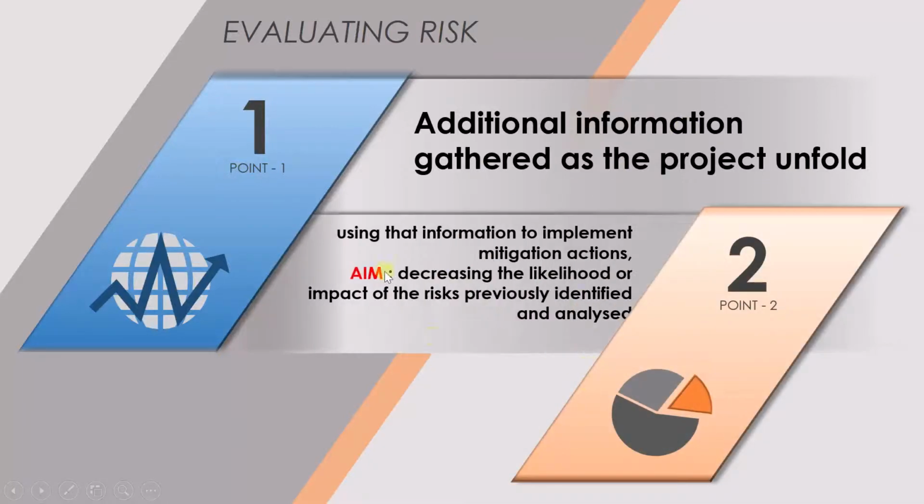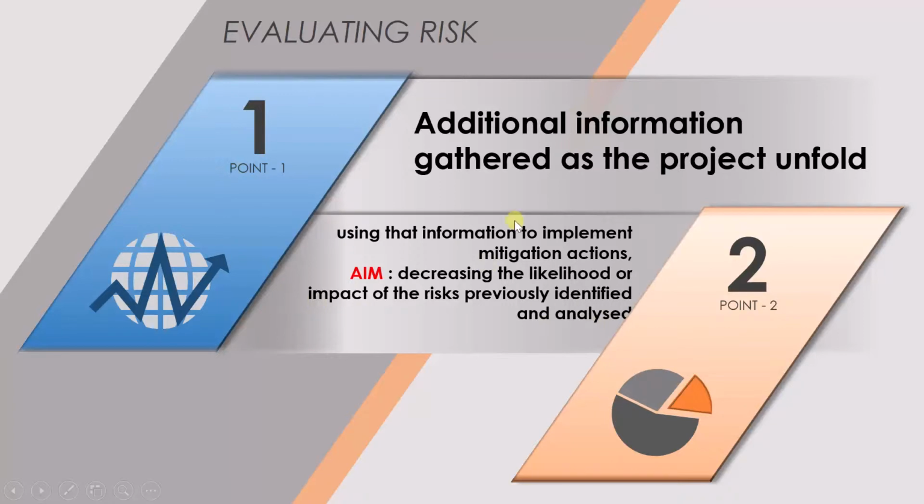The second point is using that information to implement mitigation action. First we have to gather the information, then we have to use that information to implement the mitigation plan. And why are we doing it? What is the aim of doing all these things? To decrease the likelihood or impact of the risk previously identified and analyzed.